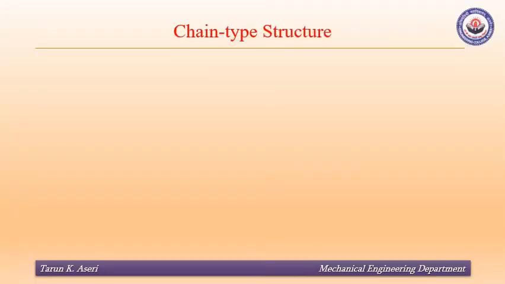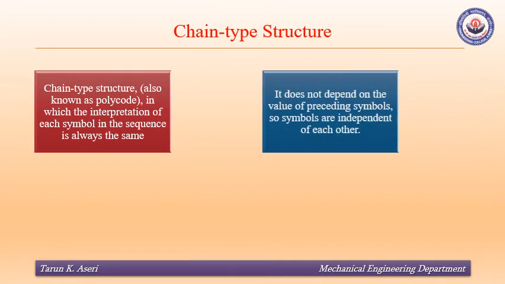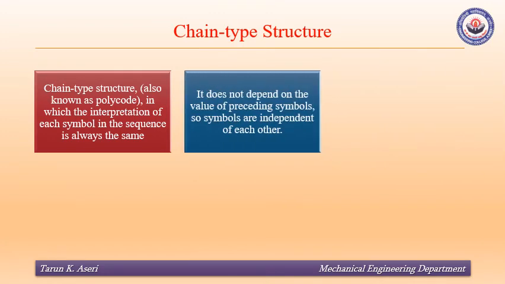Another kind of part coding structure is the chain type. This is also known as polycode, in which the interpretation of each symbol in a sequence is always the same. Further, the value of each symbol does not depend upon the preceding symbol.